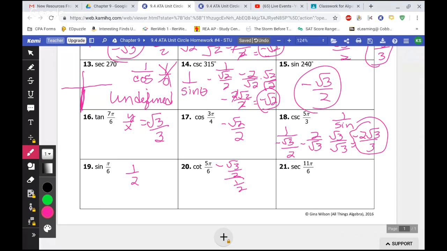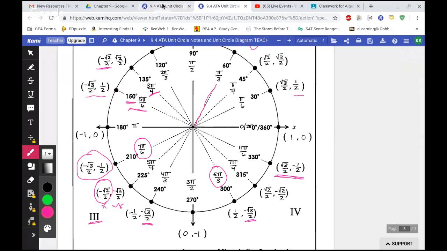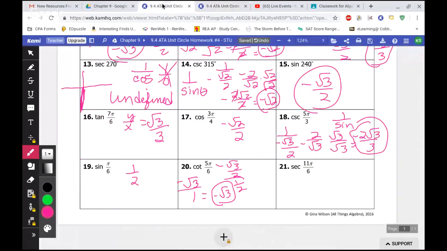So in this case, it's going to be negative root 3 over 1, which then just simplifies to negative root 3. Oh, we had that one too because we did 150, right? Did we do 150 earlier? Yeah. So technically, that was the same answer as number 10. I just noticed that part.